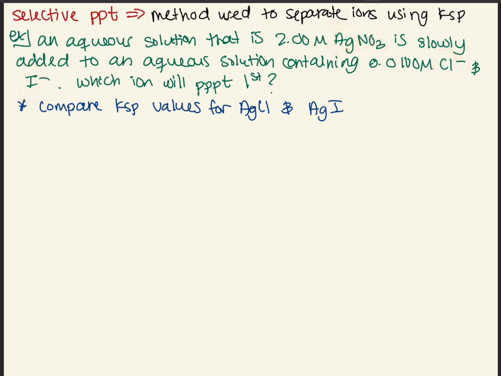So that's how I can figure out which precipitates I'm going to look at. Now, the KSP for silver chloride is equal to 1.8 times 10 to the negative 10. And the KSP for silver iodide is equal to 8.5 times 10 to the negative 17.